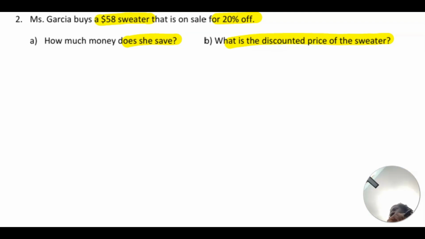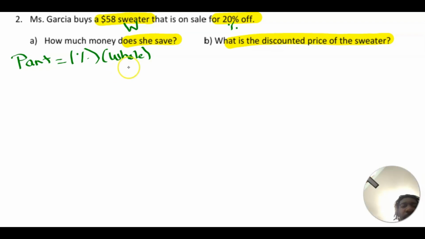First we need to figure out how much money she's going to be saving. Since the sweater originally cost $58, that's representative of our whole. The percent they gave us is 20% off, which is 0.2, also written 0.20, and we don't know the part, meaning we don't know how much she's going to be saving.